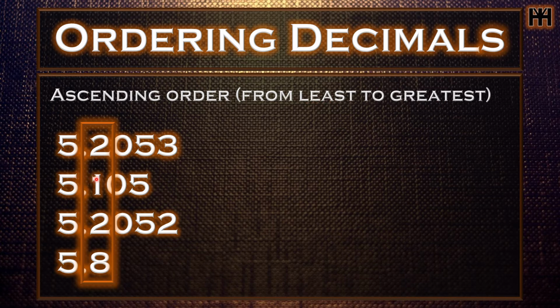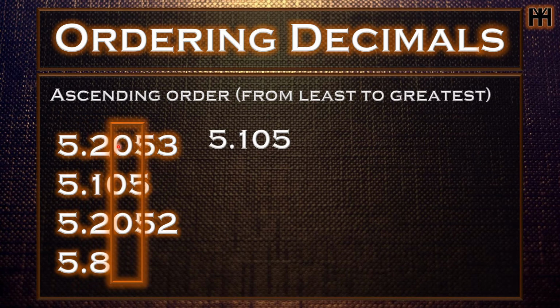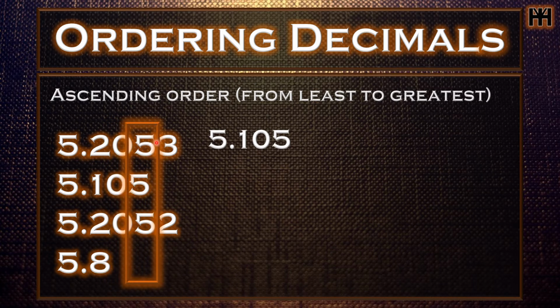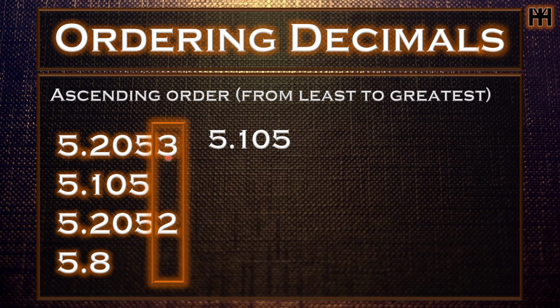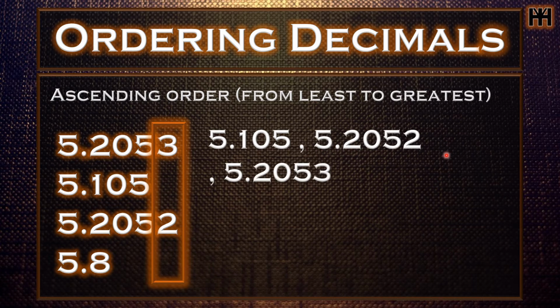Then this decimal here will be the first one we write. Then we will continue with these two to know which one of them is lower than the other. Here they are both 0 and here they are both 5. Now here it appears this decimal is smaller than this decimal, so we'll write it first. Then finally this decimal. Then the greatest decimal, which is 5.8.